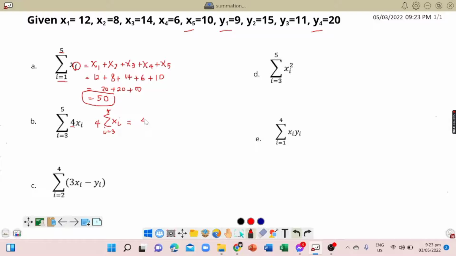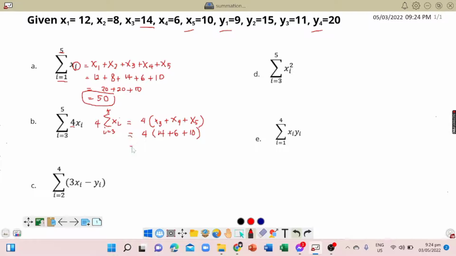So, that means 4 times x sub 3 plus x sub 4 plus x sub 5. Then, substitute the values. x sub 3 is 14. So, 14 plus 6 plus 10.